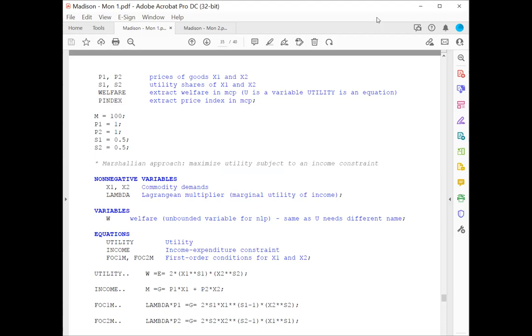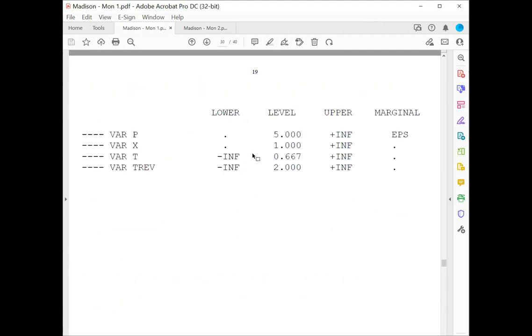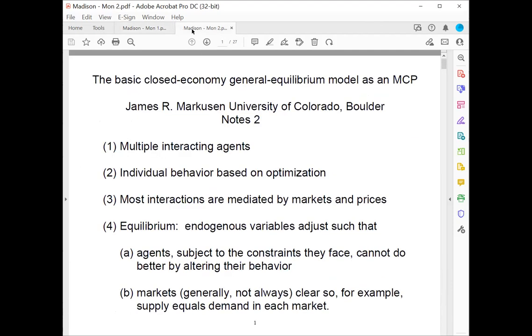Okay, so now I'm going to switch to the second set of slides. This last stuff, I don't think we'll worry about. This is in the files we sent. I'll give everyone a second to open that. This was called Madison Monday 2 PDF. Yes, sorry, that we sent a week ago.